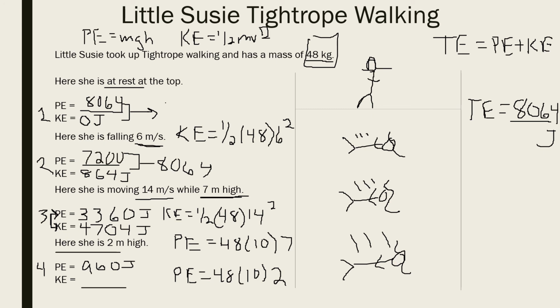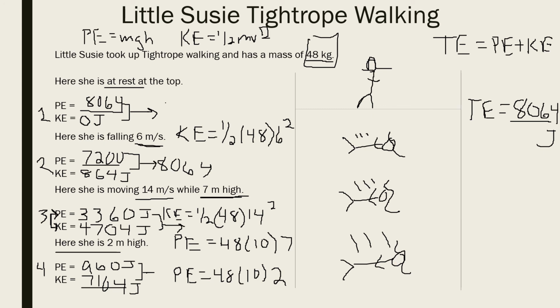Here, 8064 minus 960 is 7,104 joules. So, this is it. Every spot adds up to the same total energy. And that's how we were able to get this.